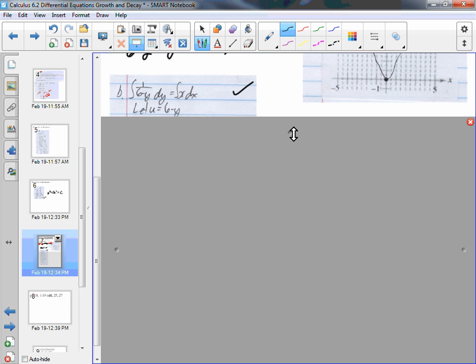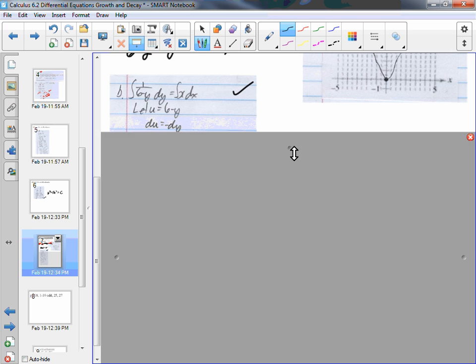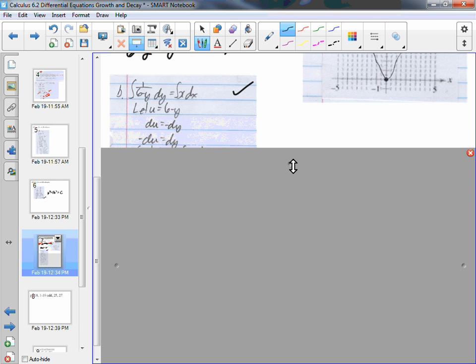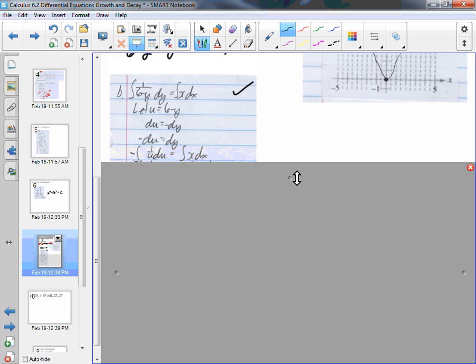Then du will be negative dy, which means negative du is dy. So we can do our substitution. Make that the integral of, and then replace the 6 minus y with u, and then replace the dy with a negative out in front of the integral, du, like so.